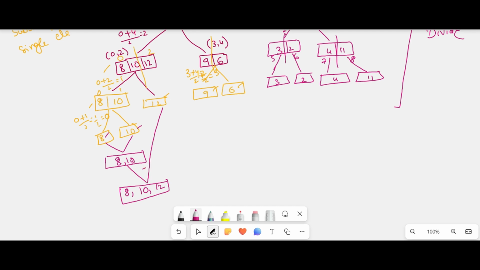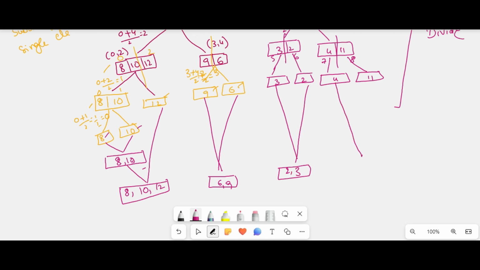Here 9 and 6 are compared. So I am writing here 9 and 6. Then we will get 6 and 9. If we merge these two, 3, 2: actually 2 is less, so first 2 and then 3. 4, 11 are in correct order, so 4, 11.